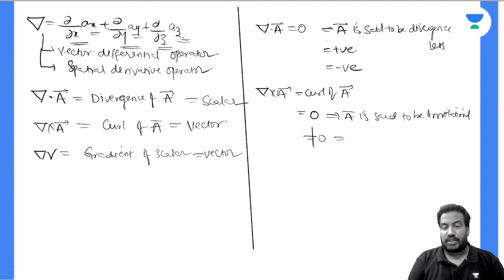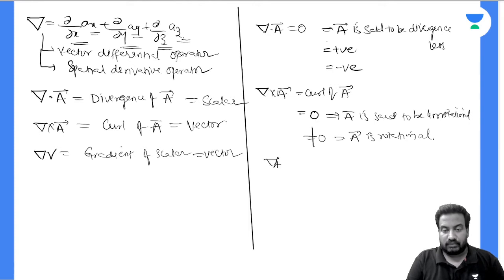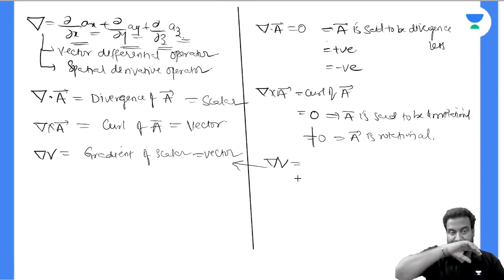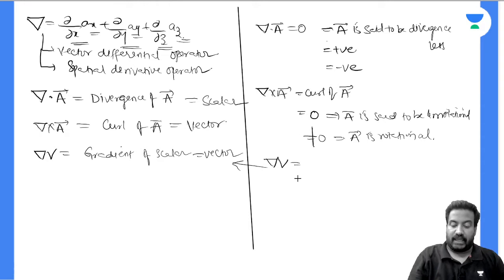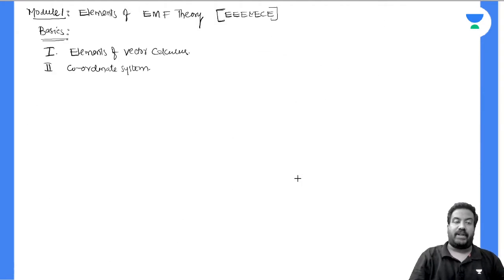If it is not equal to 0, A is rotational. Gradient: del of V, gradient of any scalar is a vector quantity. Clear? This topic we have discussed, del and its properties.